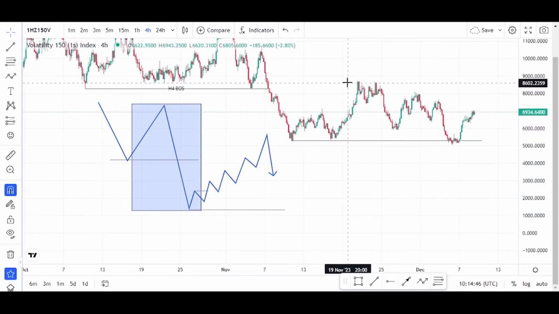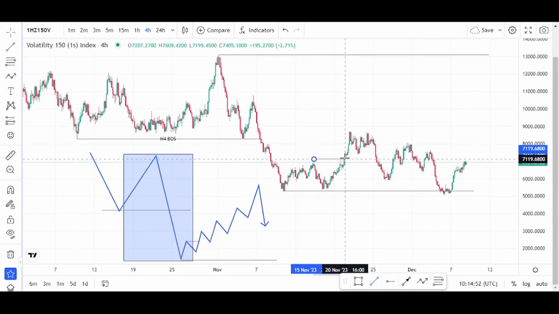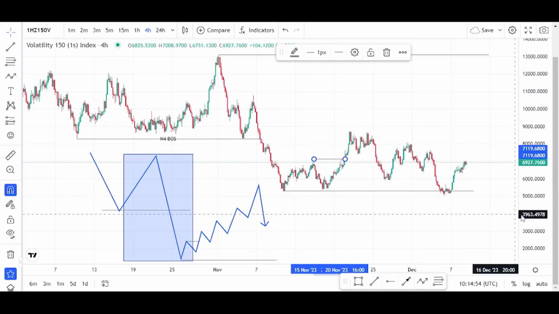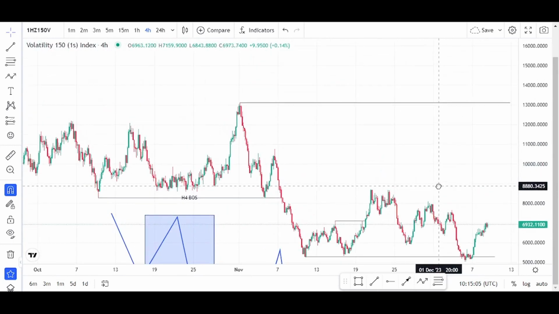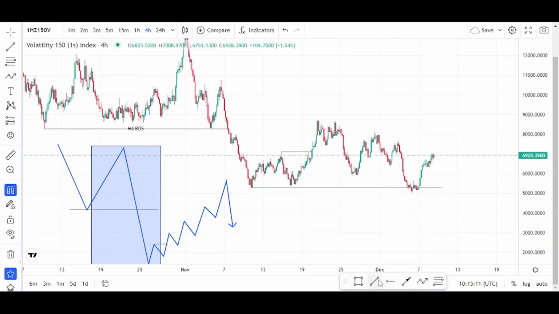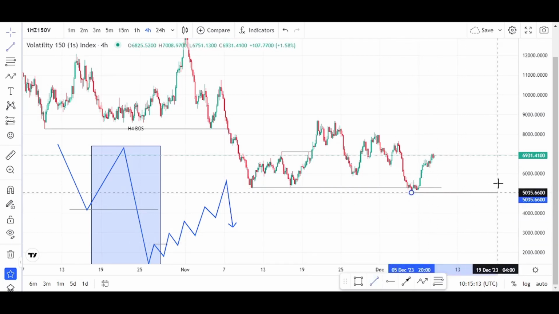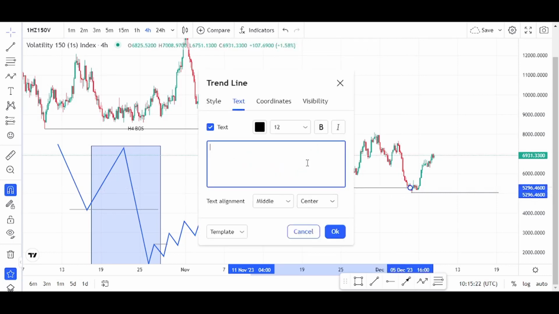The reason why I labeled this as our low is because we had this break to the upper side here, and hence I labeled this as our dealing range low. Here we broke structure with full naked candle bodies, right? We broke structure there. After breaking structure there, we anticipated that this would be our new structural dealing range low, and this will just be the H4 break of structure, BOS.